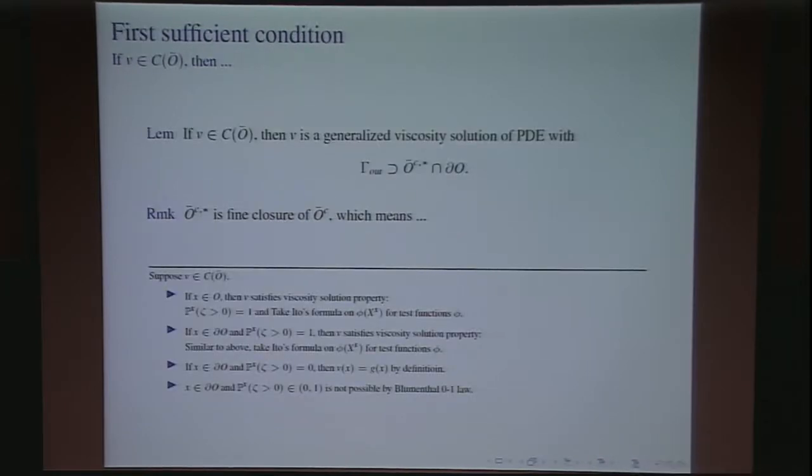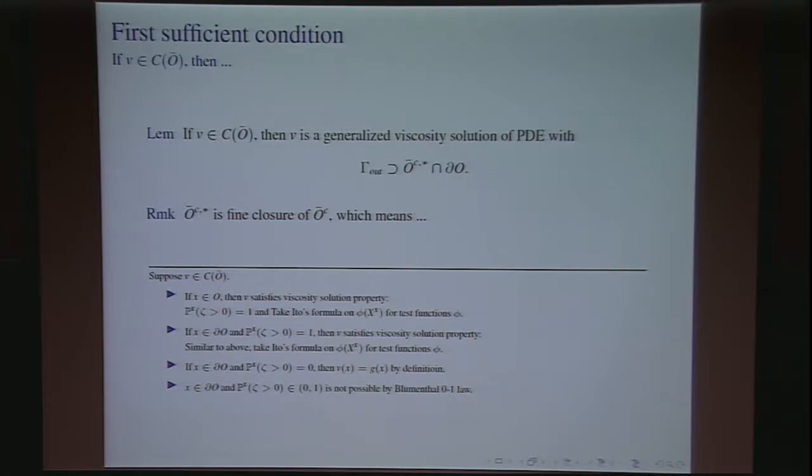Now we have the first sufficient condition. So we are going to answer that question. Is that question clear? I'm not sure. It's very simple. Does V solve the PDE in the generalized sense? That's the question. So for that, we need to find a sufficient condition. We can find that V is just given by the probability expectation of some random integral, but we don't know its measurability or continuity.